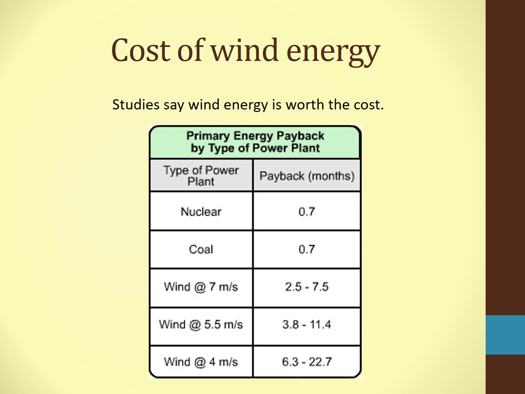It takes about 0.7 months to see the payback, or get your money back, in making profit off of that energy. Coal is about the same amount of time. But if you look at the wind, you can see that the cost has increased really dramatically. The payback comes, but you can see the numbers are higher there.